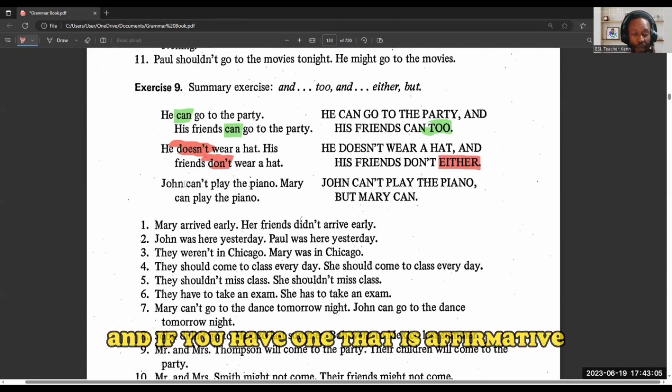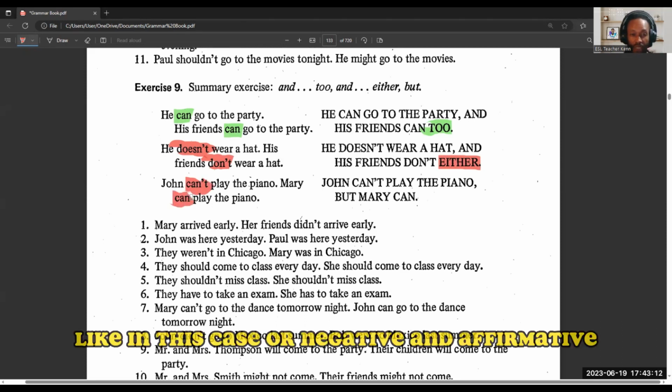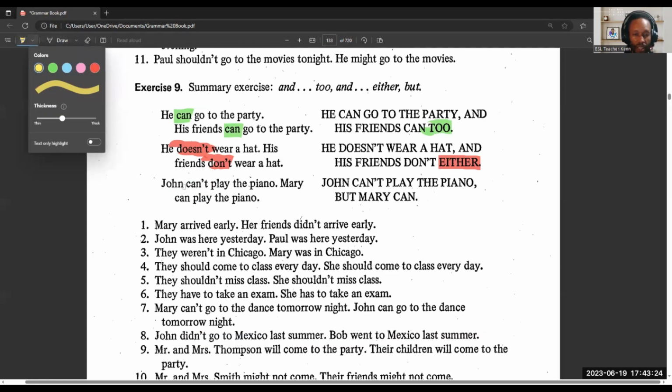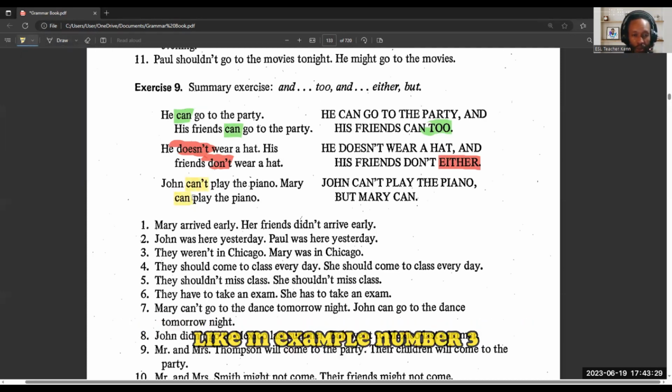And if you have one that is affirmative and one that is negative, like in this case, or negative and affirmative, you will use but. Let me keep the color code the right way.